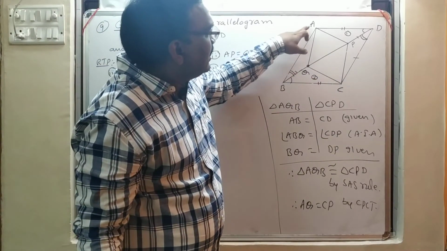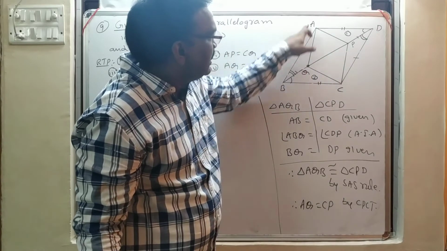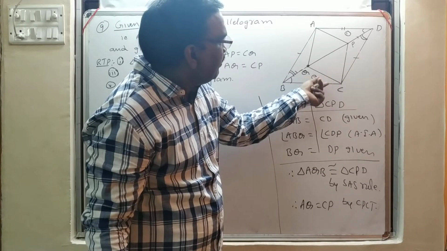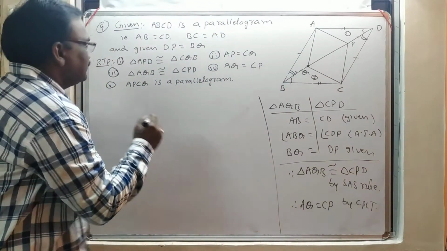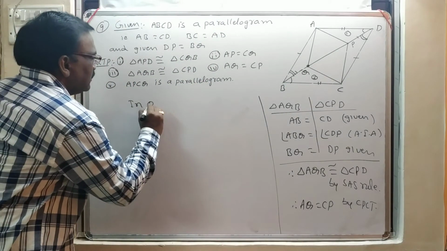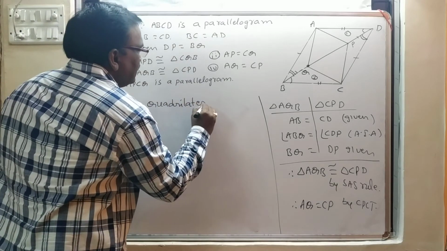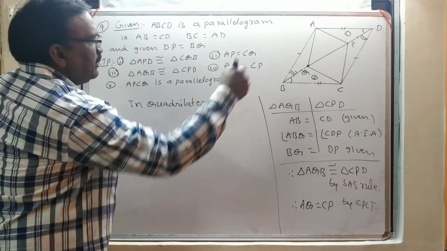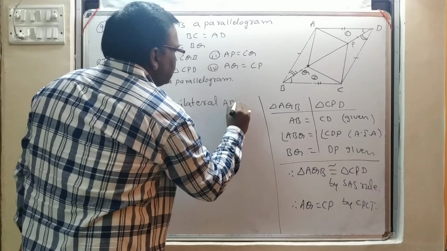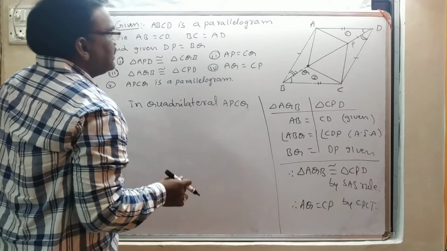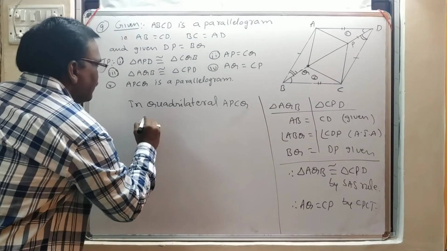Now APCQ is a quadrilateral. In quadrilateral APCQ, AP is equal to CQ, already proved.